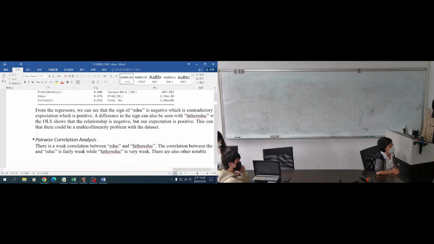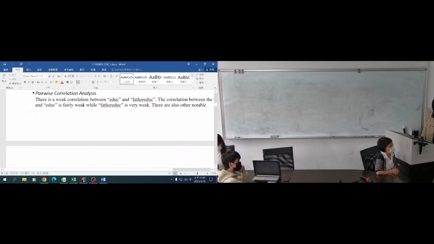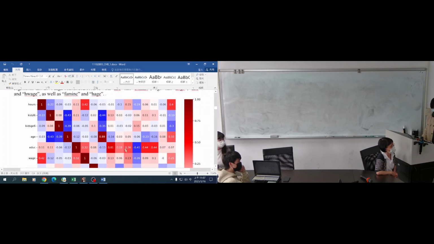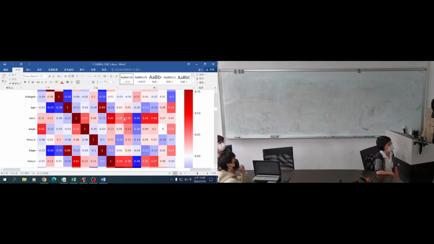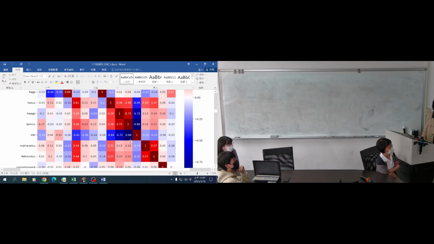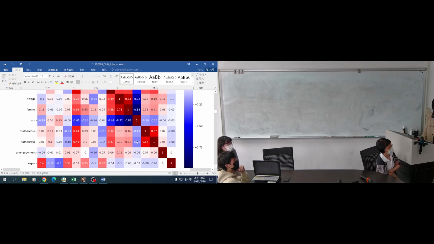So I did a pairwise correlation analysis. What's important is that the darker colors show variables depending too much on each other. We can see 0.88 is family income together with MTR.